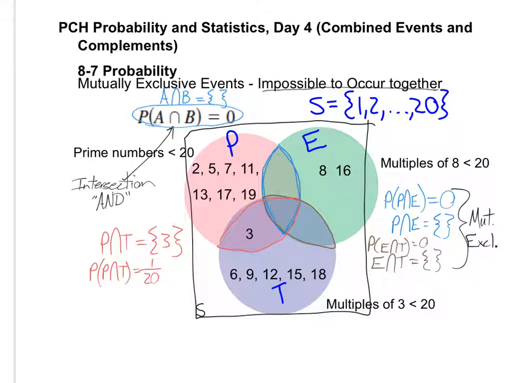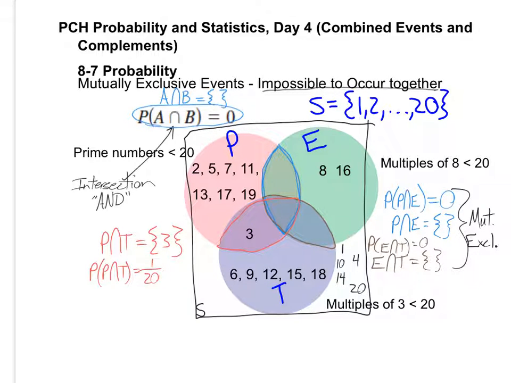So let's see, I'm missing the number 1. We're missing 4, 14, and 20. Are we missing another one? 1, 2, 3, 4, 5, 6, 7, 8, 9, 10, 11, 12, 13, 14, 15, 16, 17, 18, 19, 20.